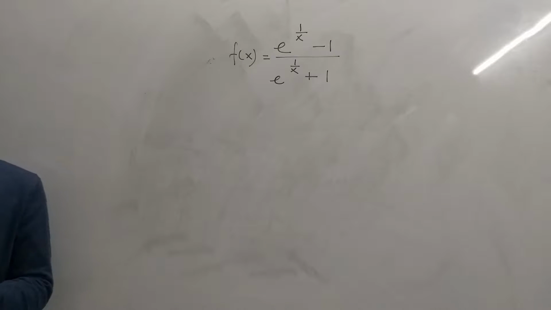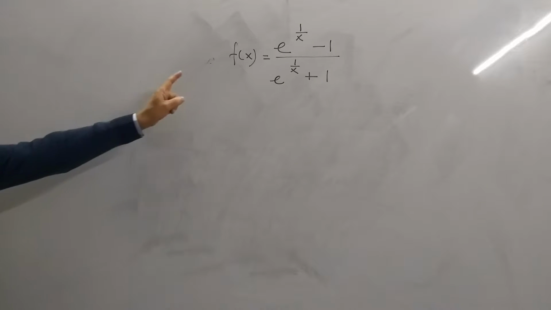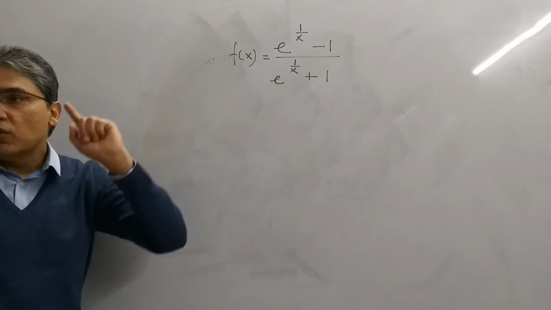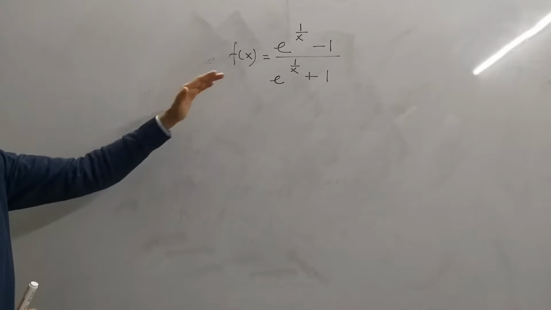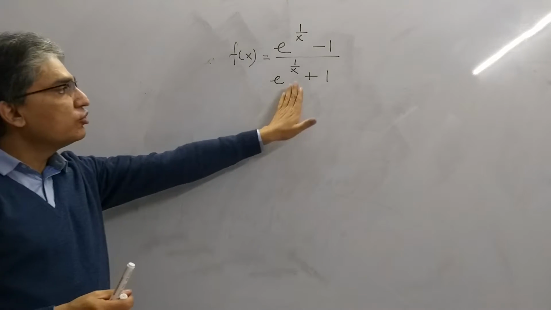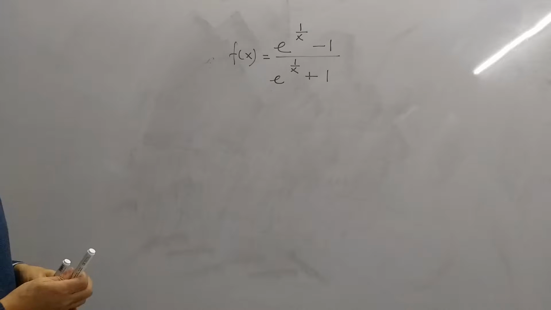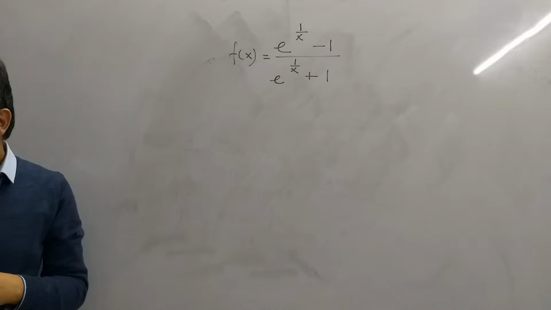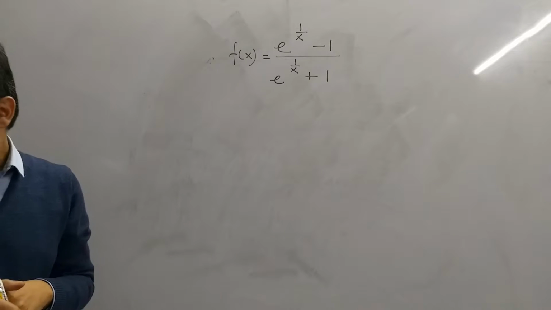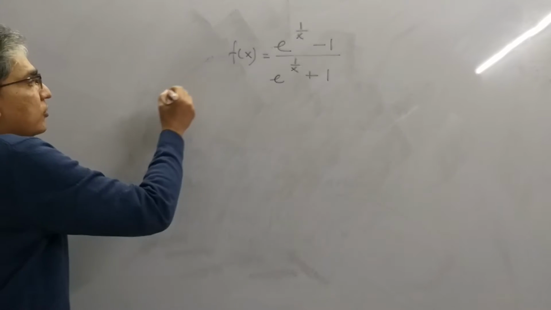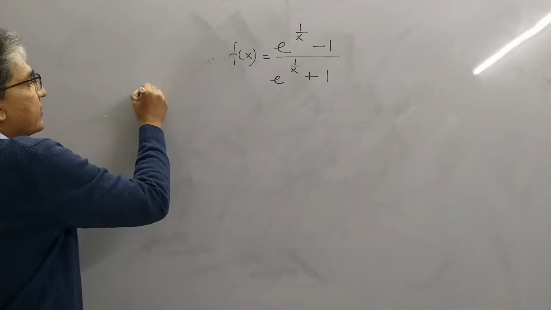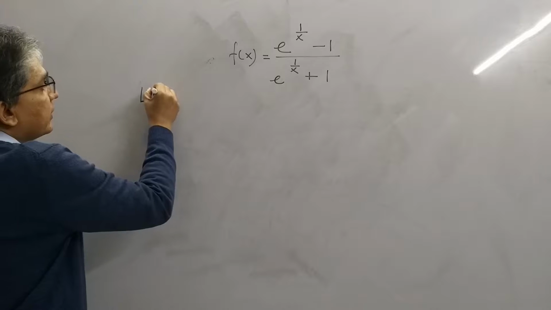So see this, in the numerator e to the power 1 upon x minus 1, and in the denominator e to the power 1 upon x plus 1. Now I'll check the limit again at 0. So now see carefully, this requires a little bit of logic.